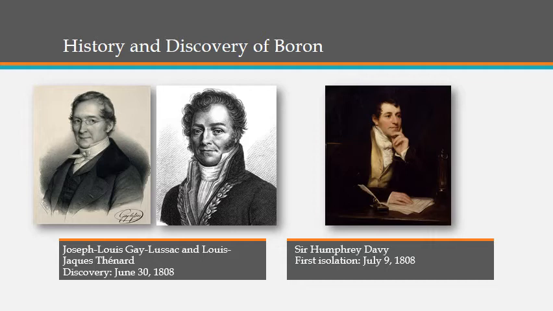However, a British chemist, Sir Humphry Davy, also discovered boron in the same year. These chemists independently discovered boron. They're all discoverers of this element. However, they isolated boron in different ways.